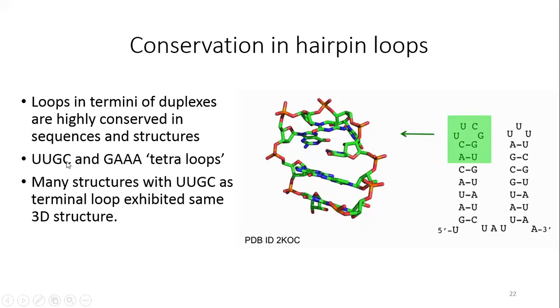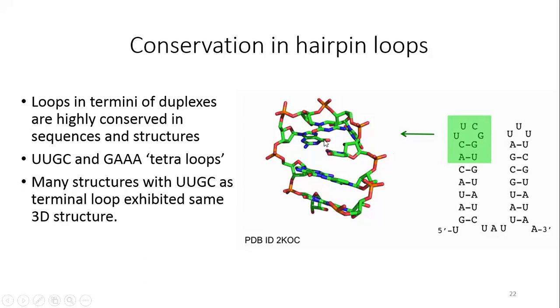They usually have UUCG or GAA, what we call tetraloops. There are many structures with UUCG as a terminal loop, and their three-dimensional structure comparison revealed that they have a similar 3D structure.